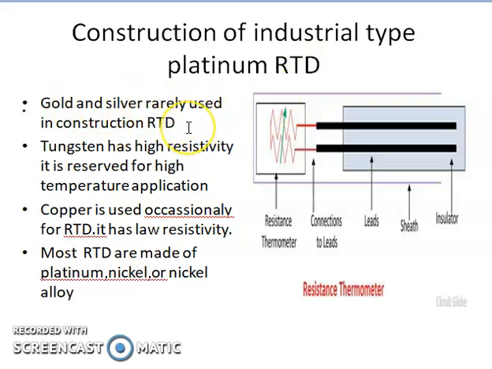And second type of material we are using is tungsten, because it has high resistivity and it is reserved for high temperature applications. And third one is copper. It is used occasionally for RTD because of low resistivity. And most RTDs are made up of either platinum, nickel or nickel alloys, etc.